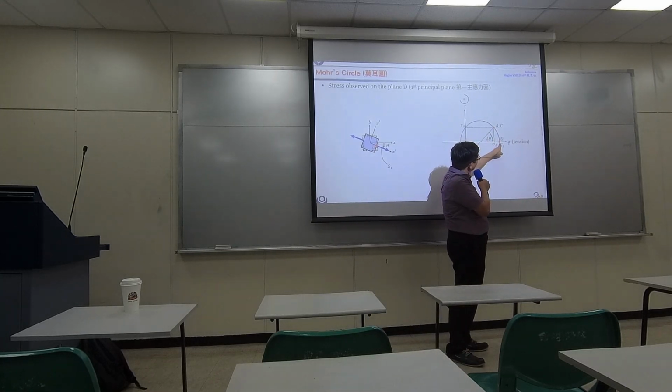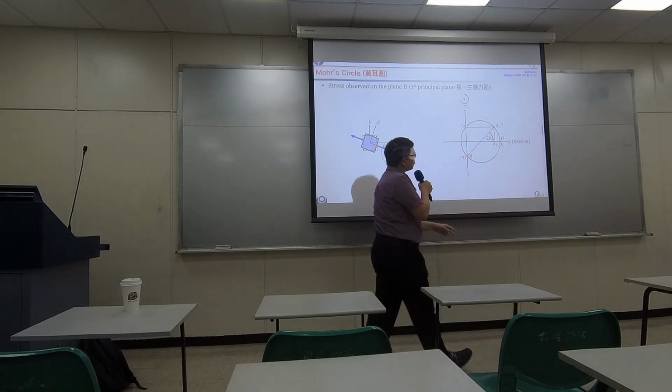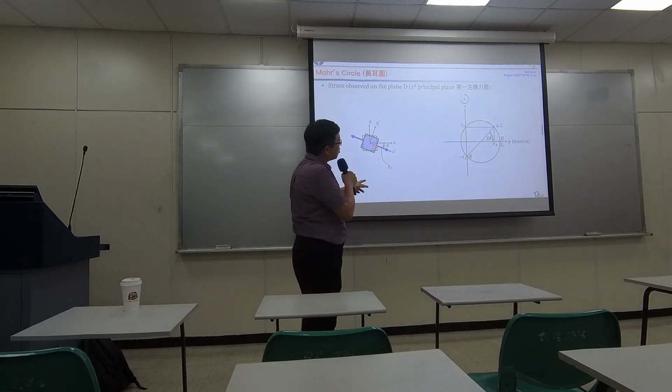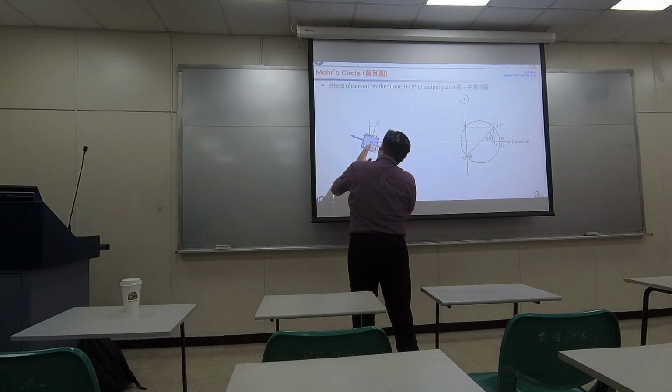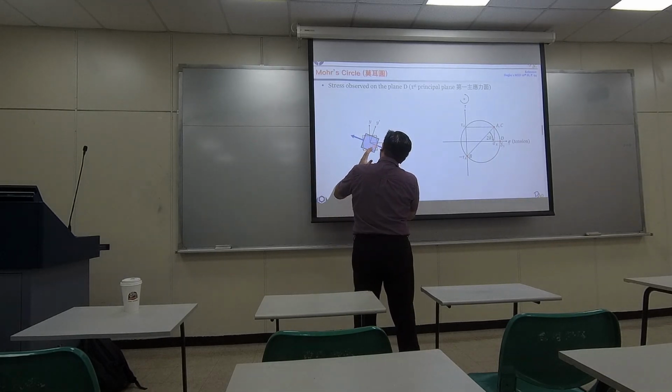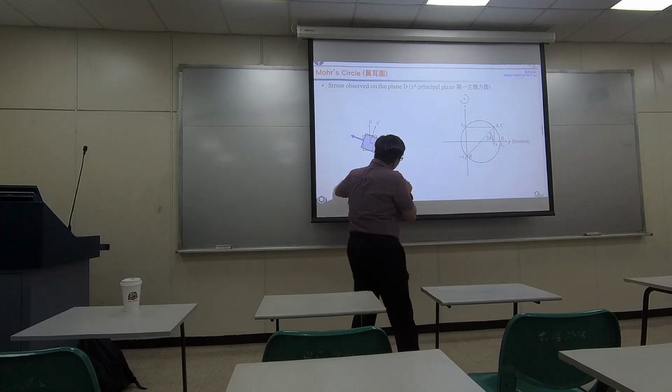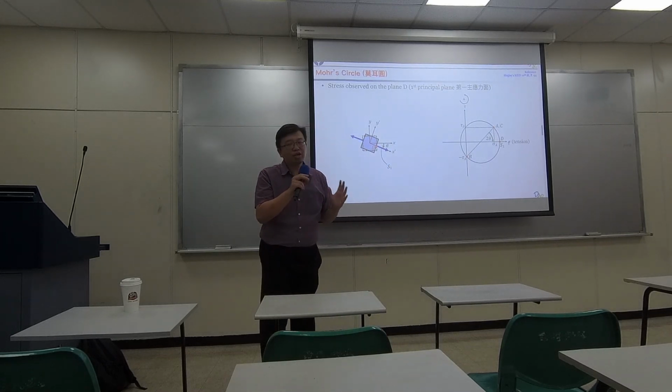We end up with a point at the very right edge of the Mohr circle. At that particular position, we only have normal stress, no shear. So when we rotate our coordinate, we realize along this direction there's no shear stress, only normal stress.